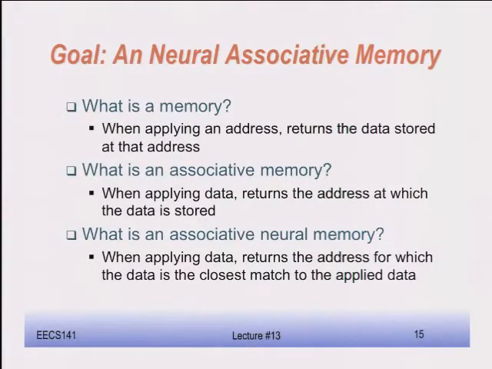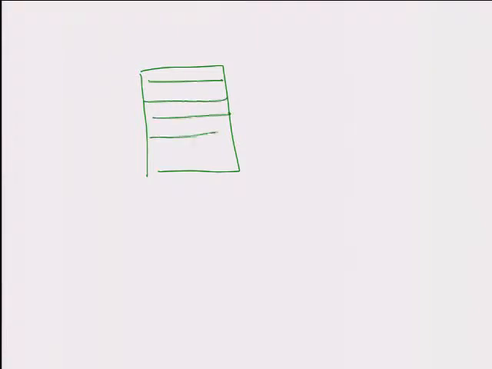So let me first explain a little bit about what the difference is and why I call it a neural associative memory. So what is a memory? A typical SRAM, a static random access memory. A memory is something of this nature: somewhere I have an array of data organized as rows, and I have an address which I send to a decoder, as we already discussed before, and you pick one of those rows, and out comes the data.